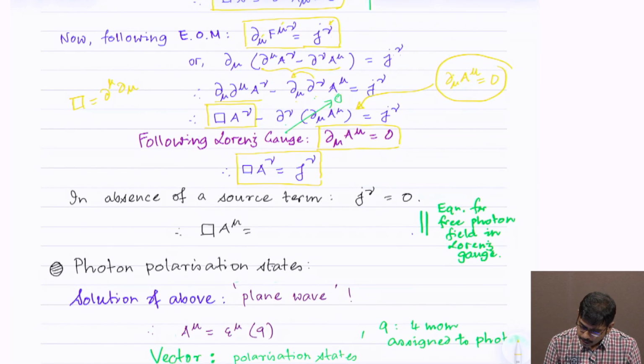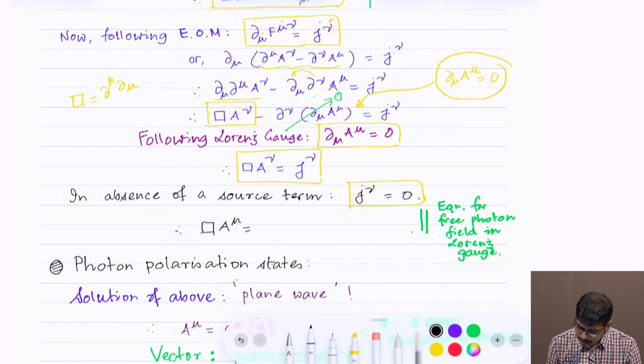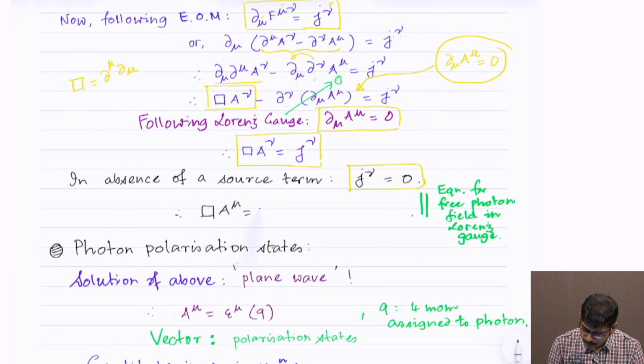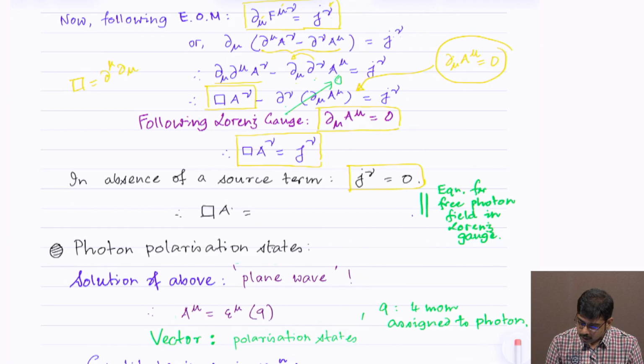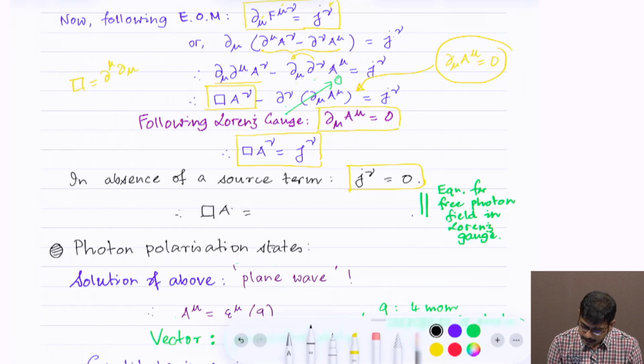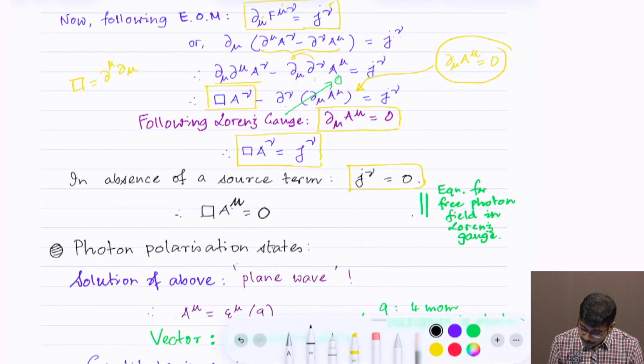Now, suppose you do not have a source term, and you treat j^ν equal to 0. Then this equation says that box of A^μ, you can write μ or ν, the point is that you have to conserve the indices on both sides, so box of A^μ is essentially equal to 0.